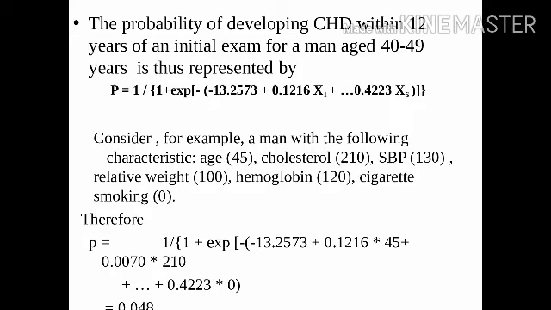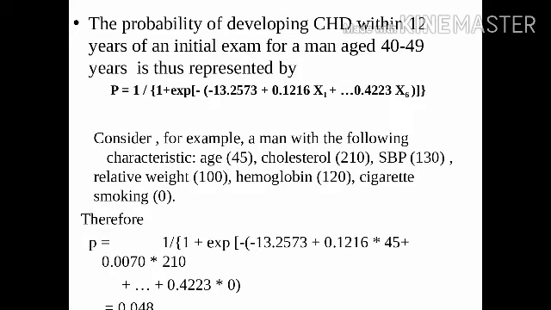When we know the values of the independent variables, we can put them into this equation and predict the corresponding patient's CHD probability. Here you can see one example. A man with the following characteristics: age 45, cholesterol level 210, SBP 130, relative weight 100, hemoglobin 120, and cigarette smoking coded as 0, that is, never smoked. So we can apply these values to the logistic regression model.